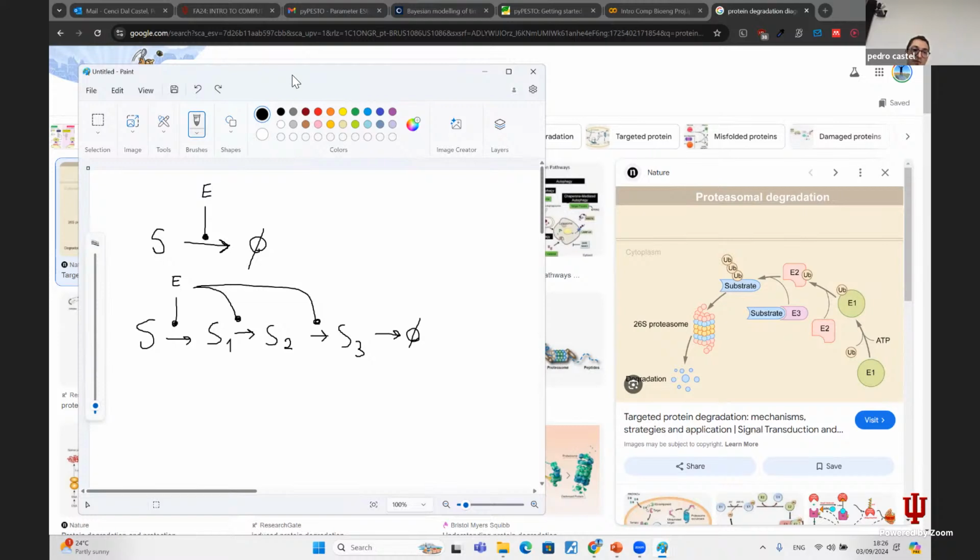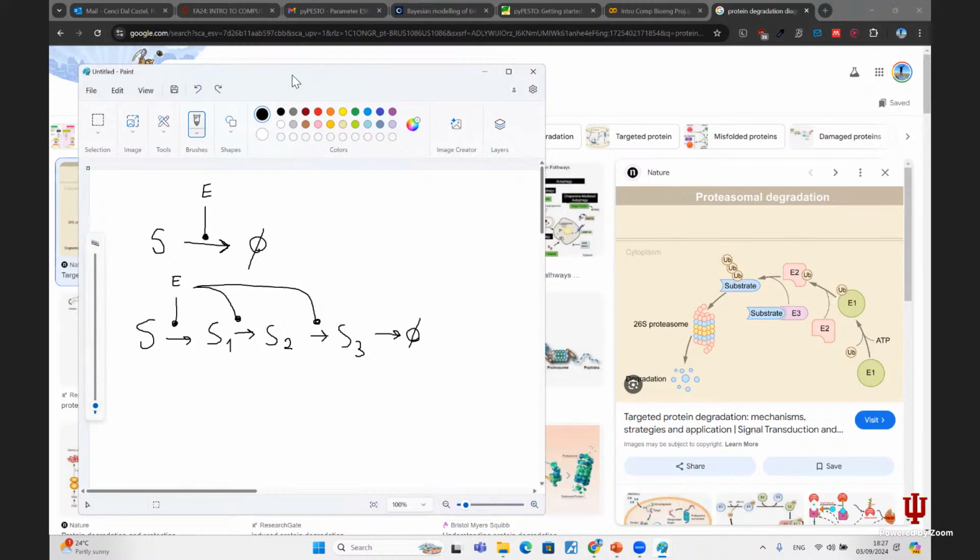Protein degradation is the full digestion of the protein inside the cell into amino acids. So instead of A going to 2B, you would have, I don't know how many amino acids your protein has, 1,000. You would have A going to 1,000B. And then you have to know explicitly how many amino acids your protein has.